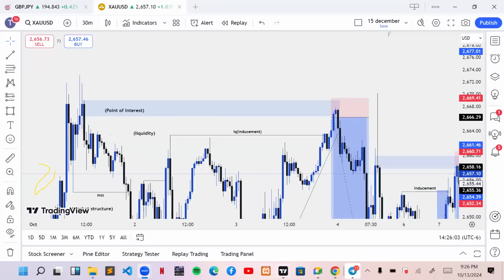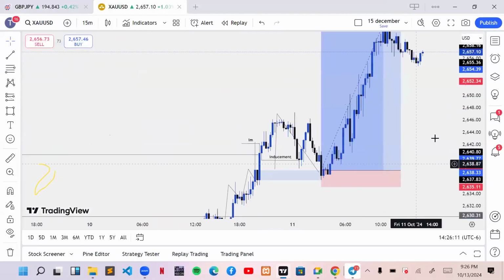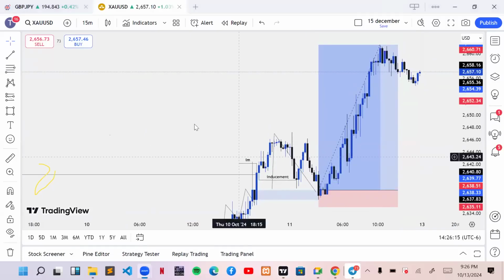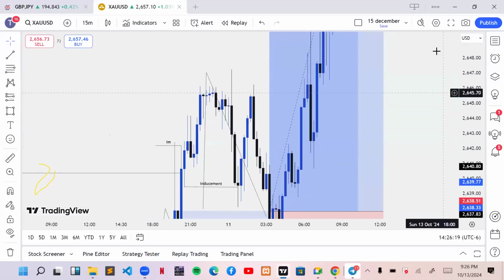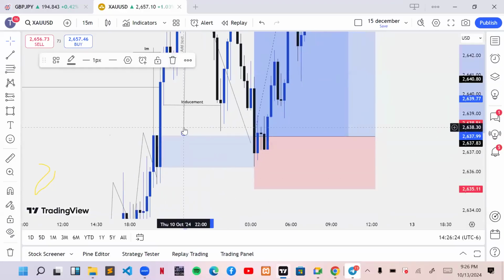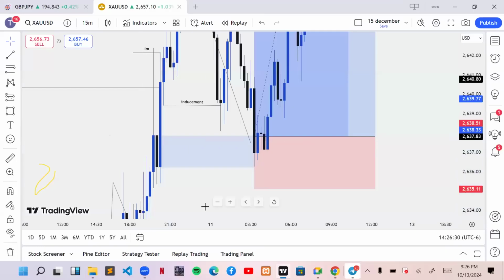I want to say something about that chart. Can you zoom it, please? You told the other guy that this is the first pullback, the one you marked out, the inducement.